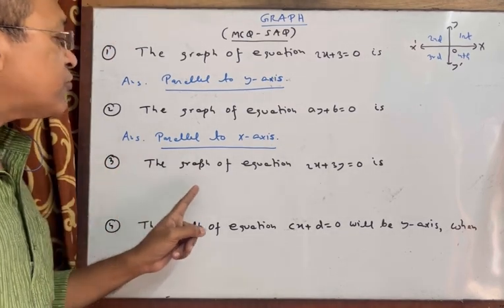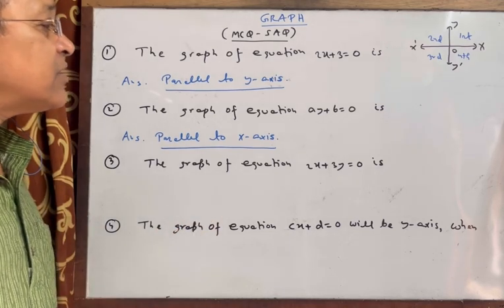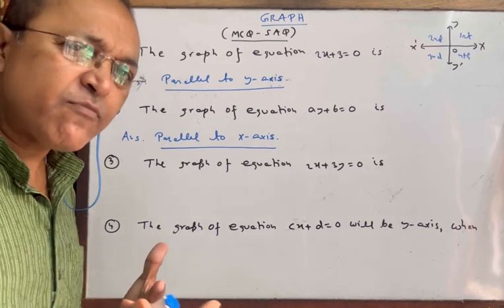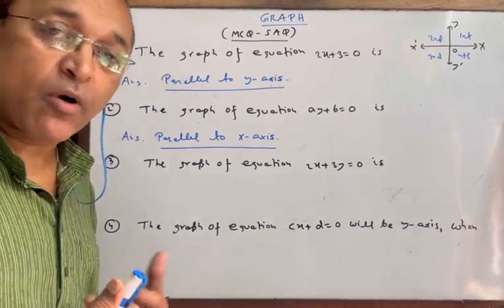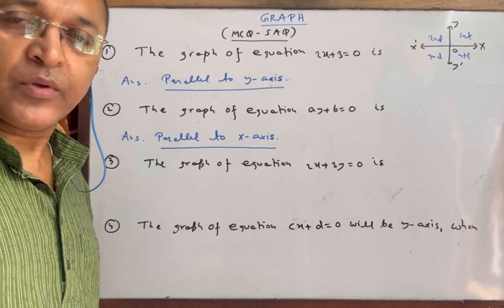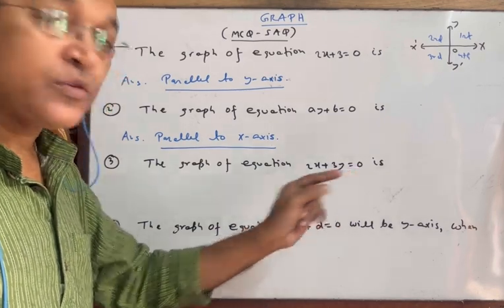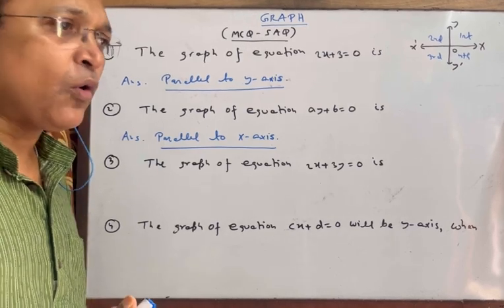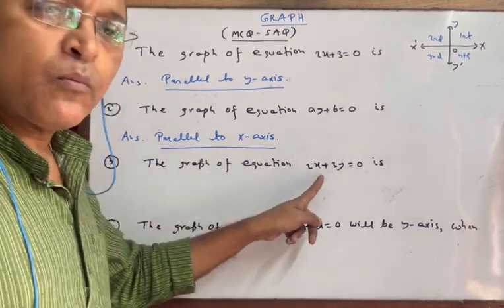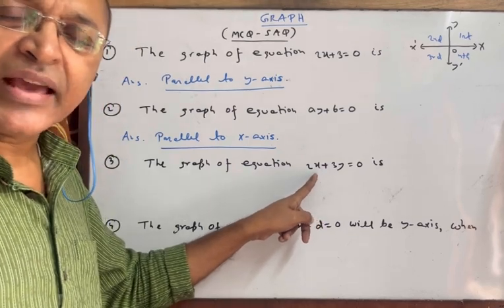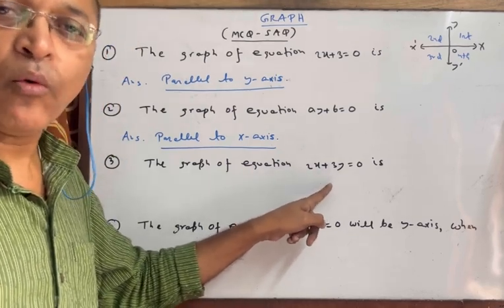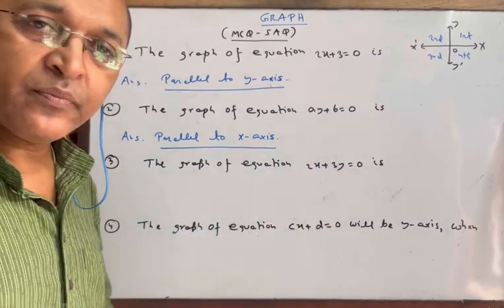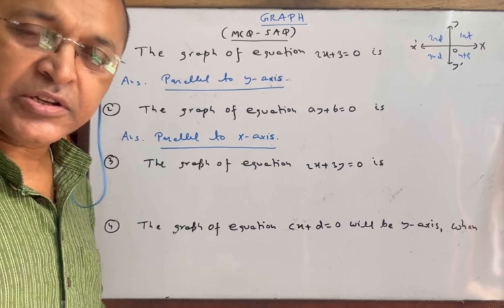The graph of the equation 2x plus 3y is equal to 0. What type of graph is it? What type of graph is it? Okay, 2x plus 3y is equal to 0. Right, putting or replacing x and y by 0, you can get this answer. 2 into 0 plus 3 into 0, you will get 0, isn't it?